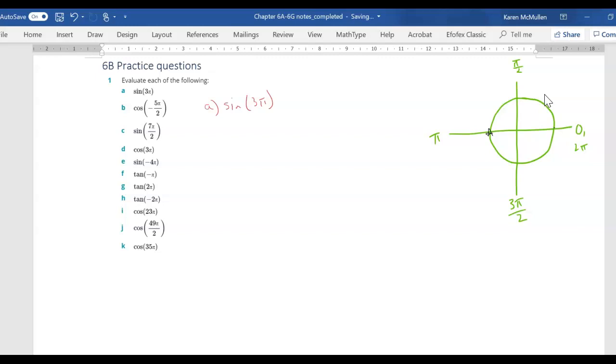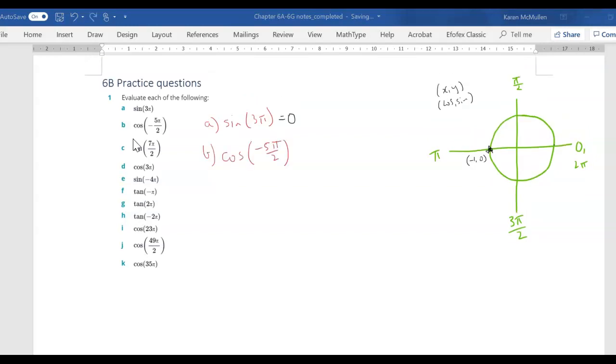Okay, when I'm here, sine, remember our coordinates, x, y, cos, sine. Sine is your y coordinate. So at this point here, it is -1, 0. So sine of 3 pi is equal to 0.